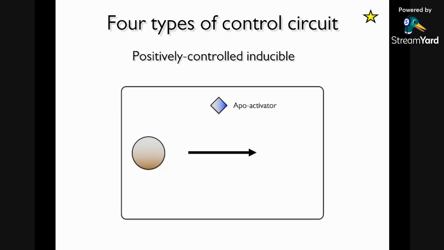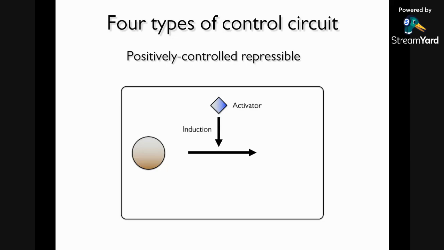Again, that is an important example to know, and it will come up in a future lesson. The final type that you should know is the positively controlled repressible. In this case, we have our activator, and it does function by itself. So this will stimulate this process, it will induce the genetic circuit, leading to induction and production of the product.